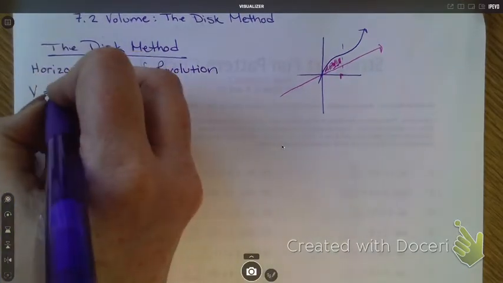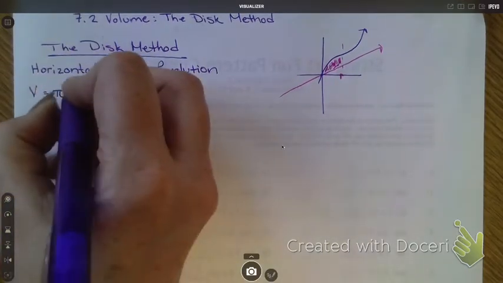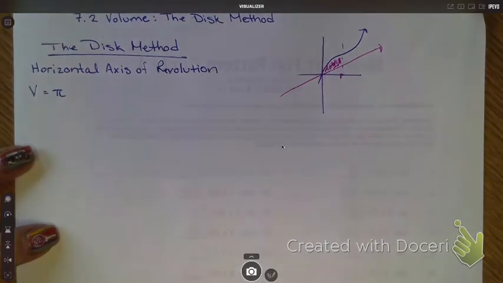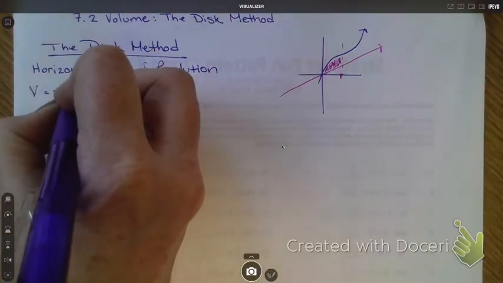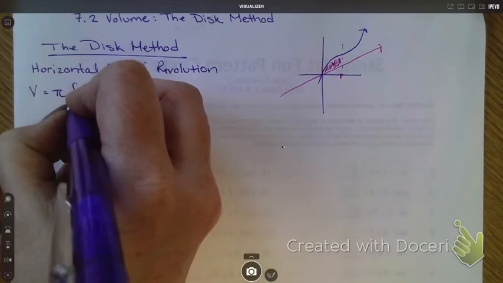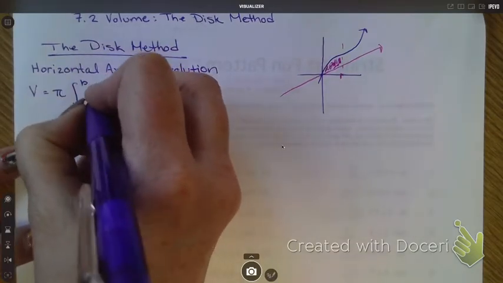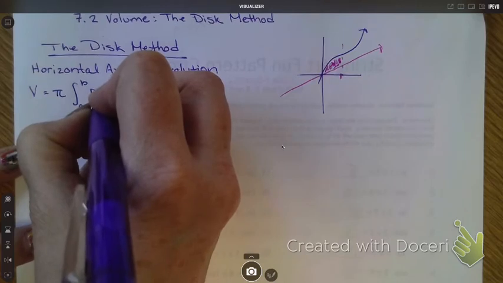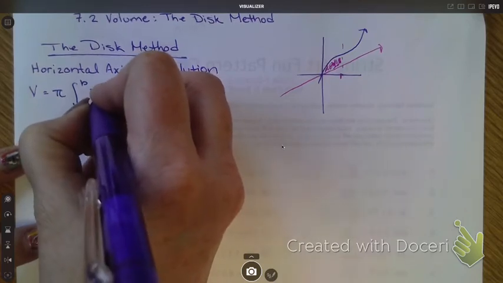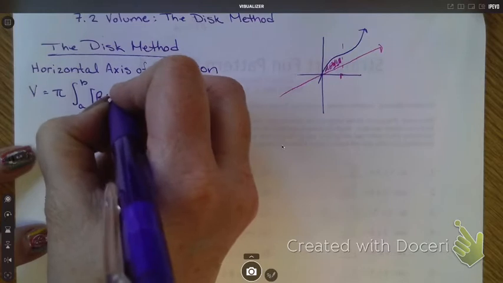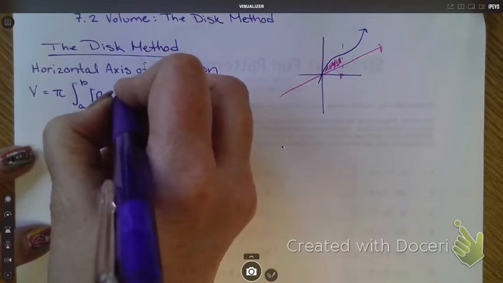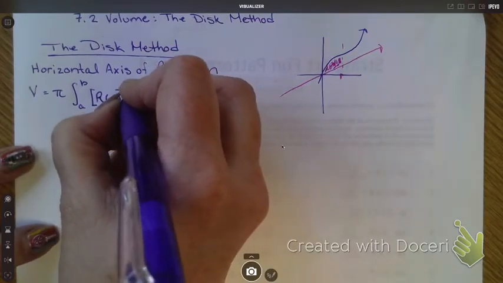Volume equals pi, because we have a circle, yes? Pi, integral from A to B of R of X squared dx.